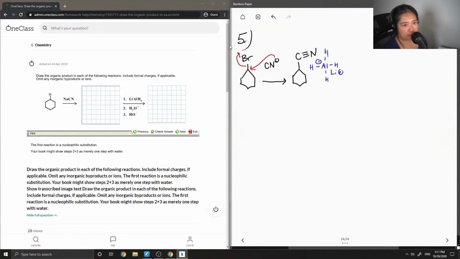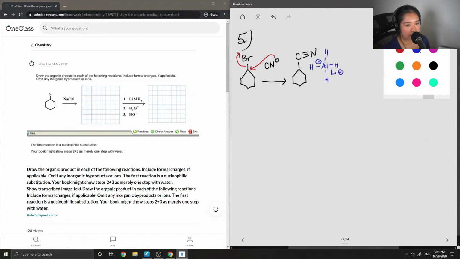So this is basically what the reagent looks like if you were to look at the charges.